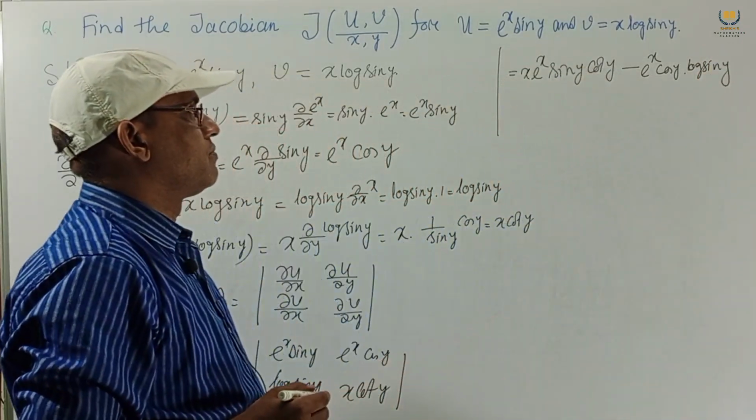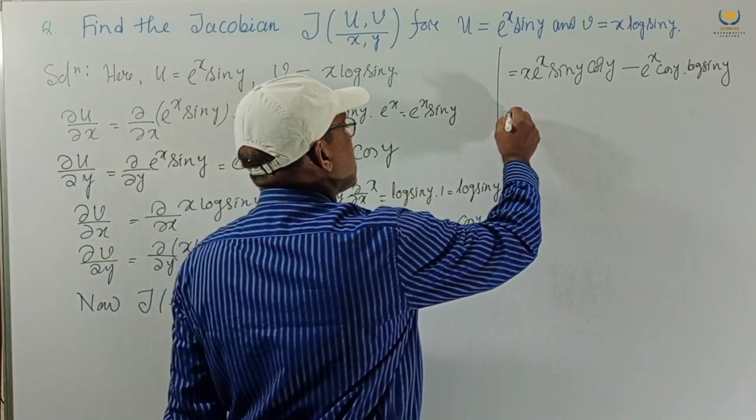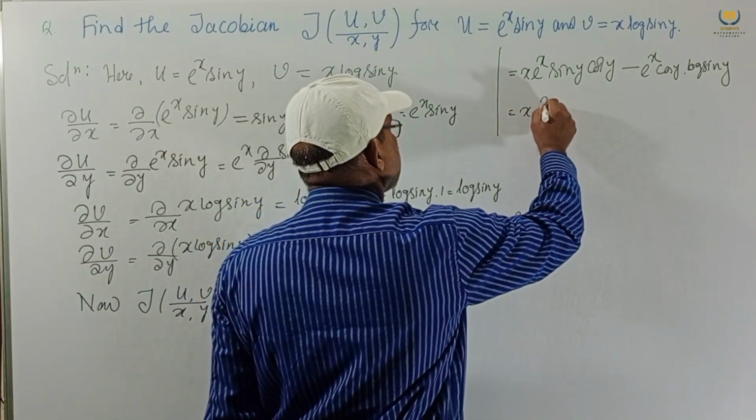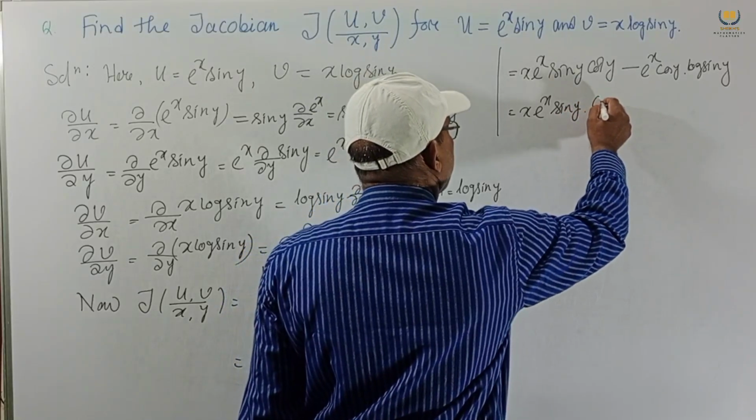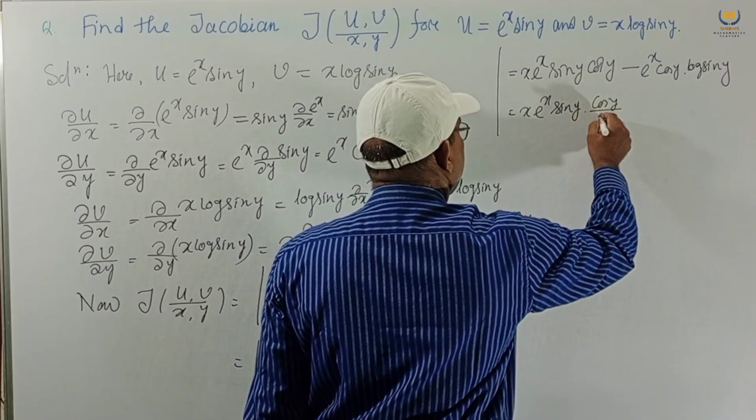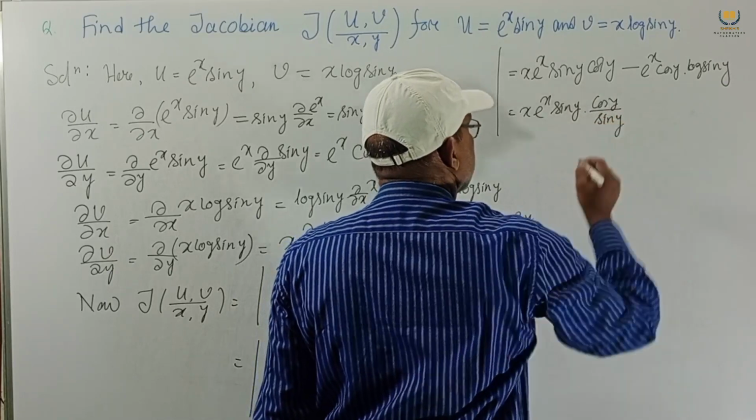We get this one. So this is x e to the power x remains same, sin y also remains same, cot means cos by sin. We get this.